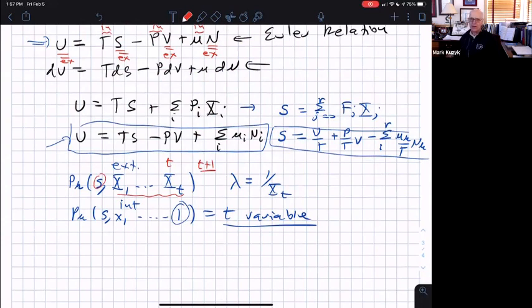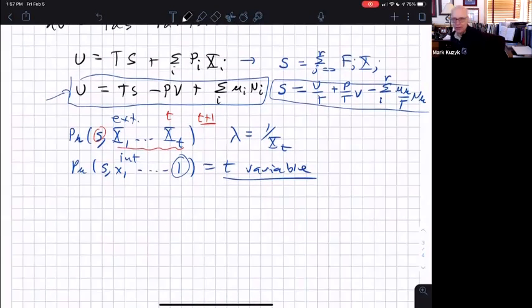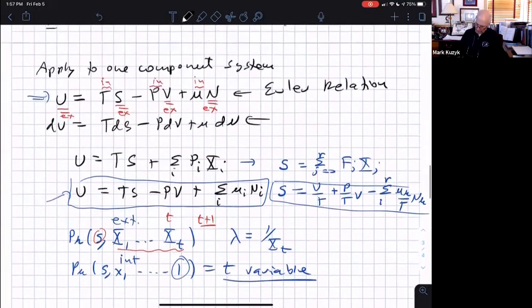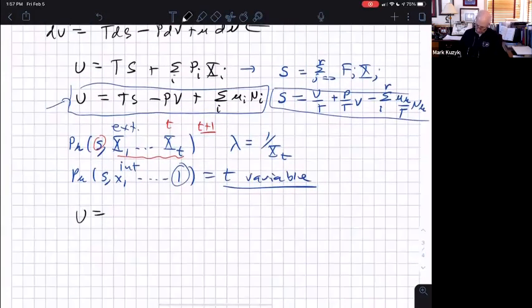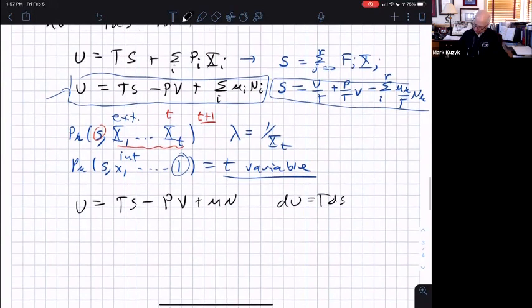Again, I know your heads are spinning with all these variables, but it's not that bad if you go back and look at where we started. Let me do one more thing with this simple expression right here. Remember, we have u equals Ts minus pV plus mu N, and we have dU equals T dS minus p dV plus mu dN. These are both things that we know are true.